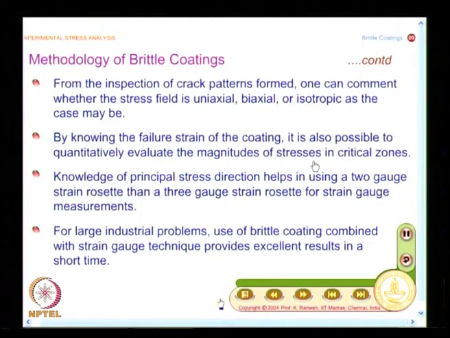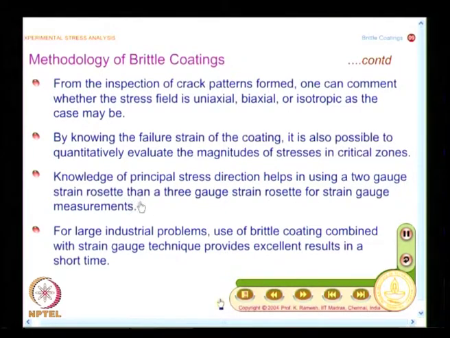If I am able to reduce one channel per point, a great saving is done, and that is what is summarized here. If you have the knowledge of the principal stress directions, instead of a 3 gauge strain rosette, I can go for a 2 gauge strain rosette.